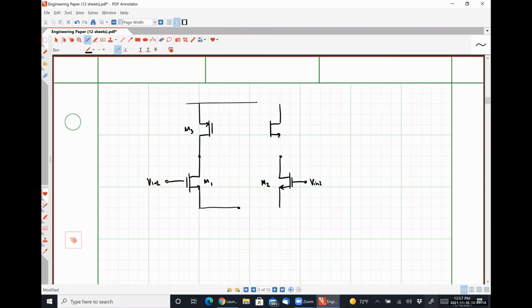Sorry, that's the wrong type of transistor.